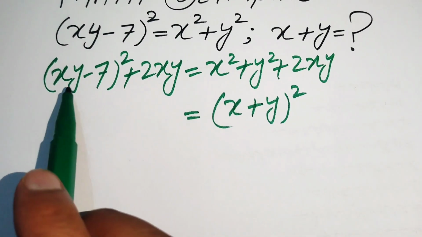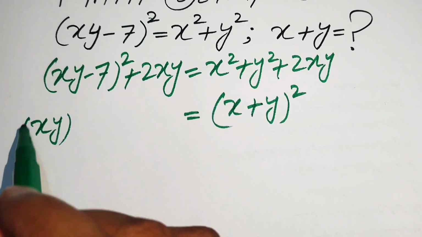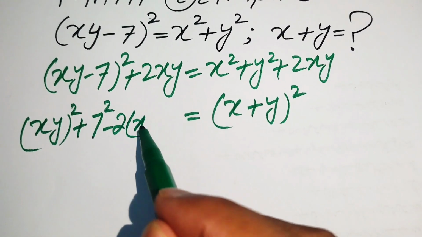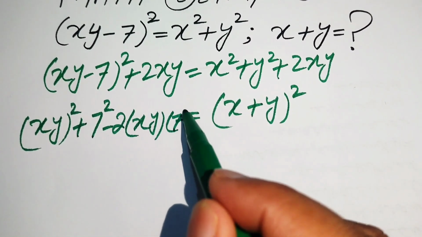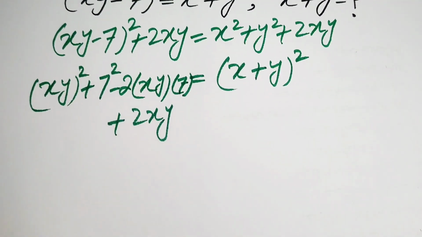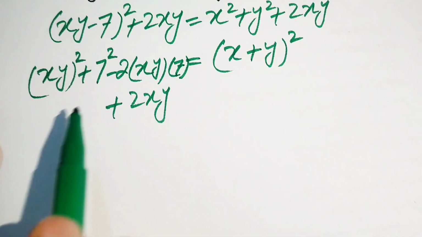In this case we just open the square of this term, and it will be written as (xy)² + 7² - 2 times xy times 7, and this is our plus 2xy. Here we add and subtract the like terms in the left-hand side.